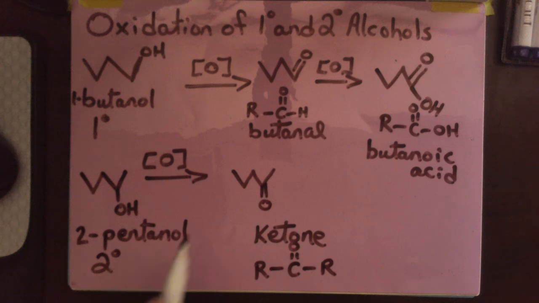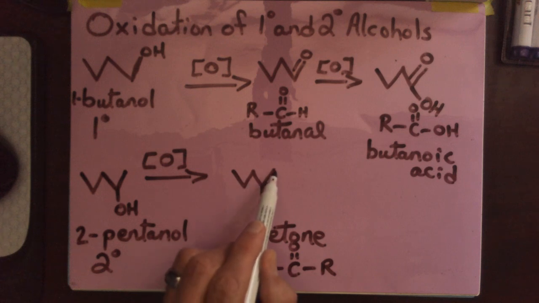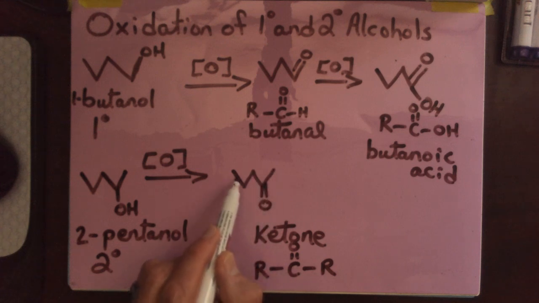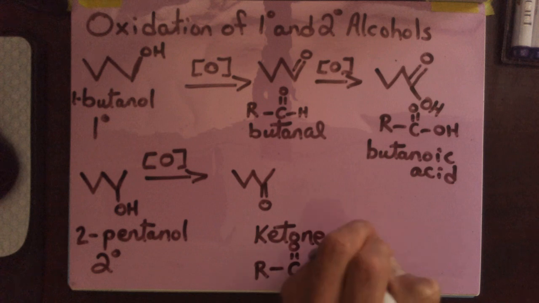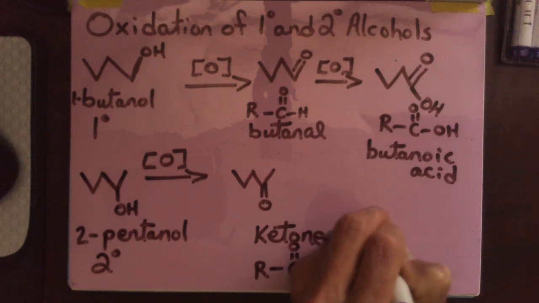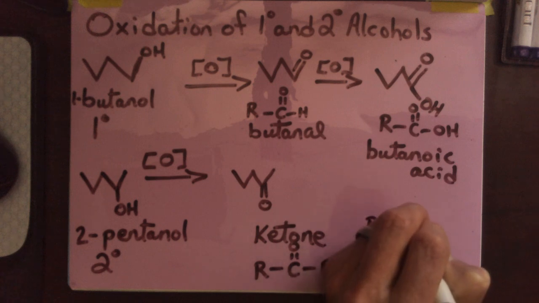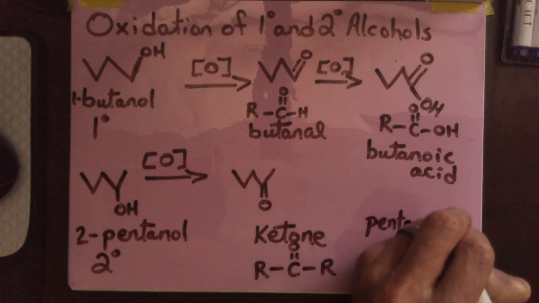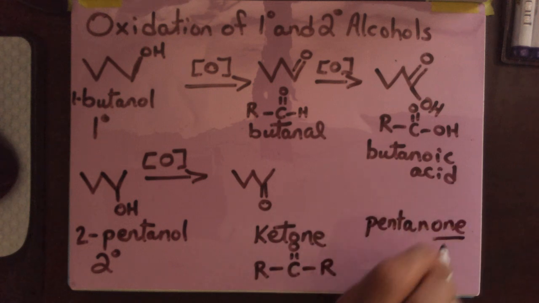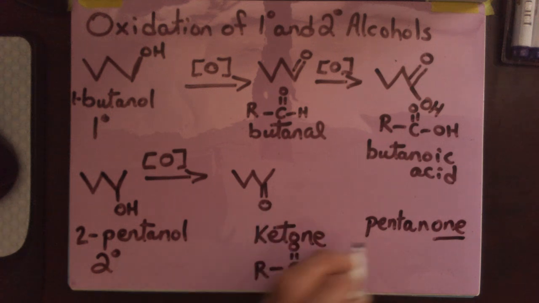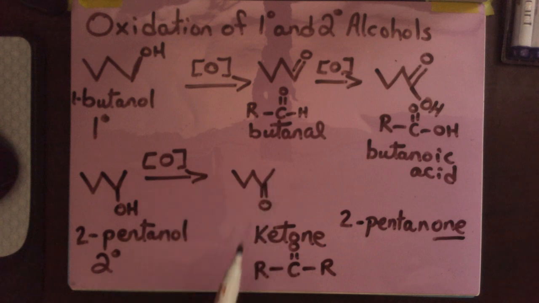We would call this 1, 2, 3, 4, 5. So it's pentane, but now that it's a ketone, it's pentanone. See, ketone, one, and that double bonded O is in the 2 position, on the second carbon.